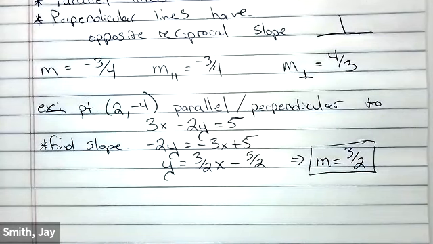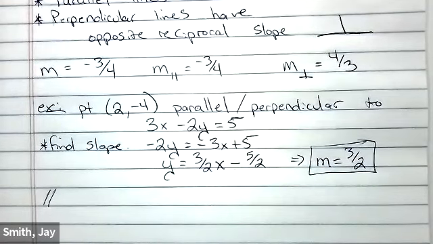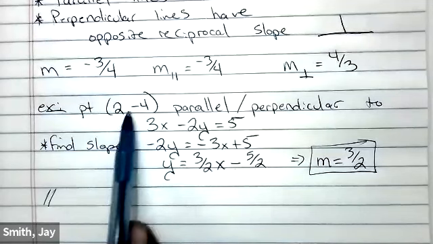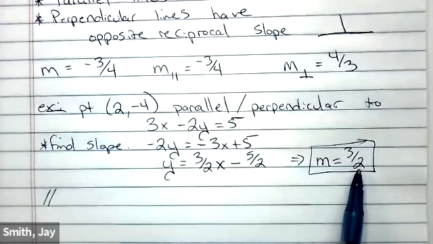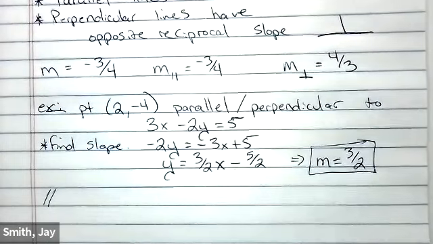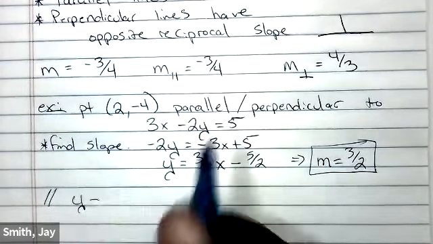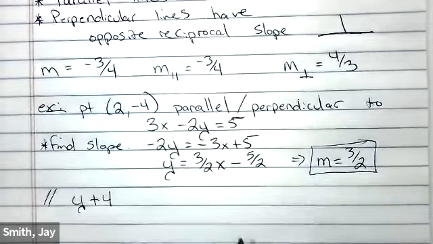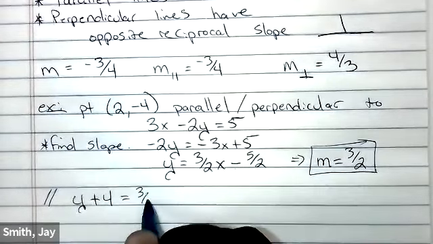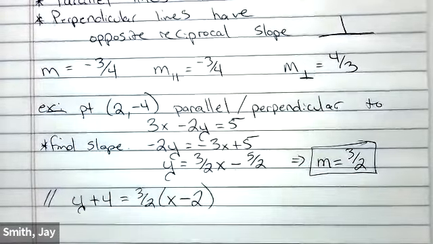All right. So as far as the line parallel to it, we start working on that one first. We can use the point-slope formula because remember, they told us that it goes through this point and has a slope of 3/2. So we can use that point and this slope to get a line parallel to it. So point-slope formula, y minus y1, in this case, -4. So y minus -4, or y plus 4, is equal to my slope, 3/2, times x minus x1, or in this case, my x coordinate is 2.